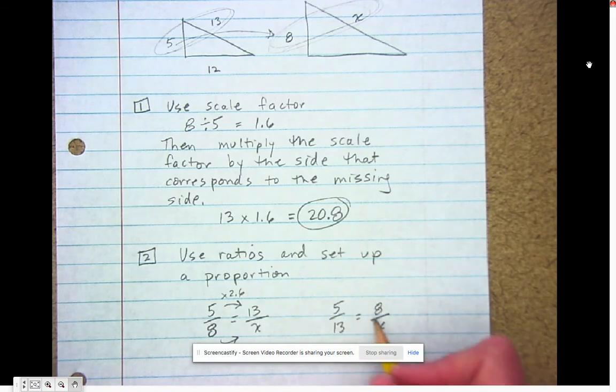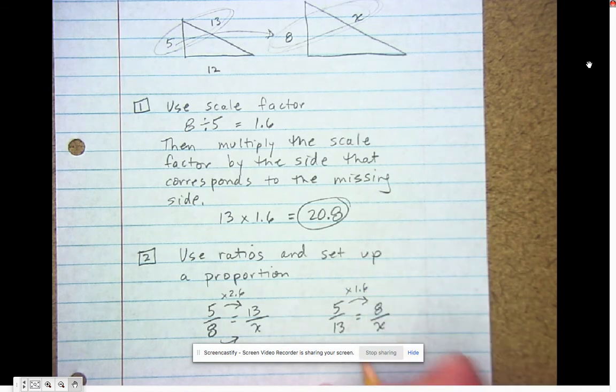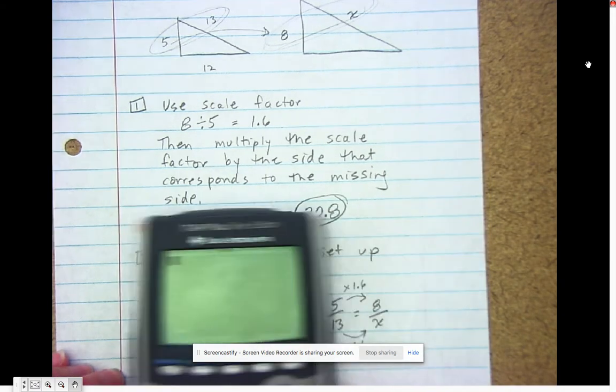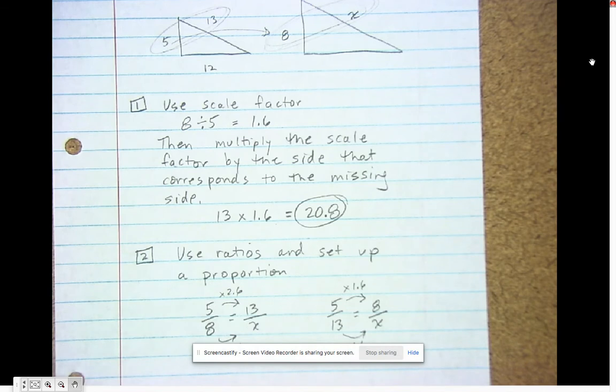I take 8 and divide it by 5 to figure out my multiplier. It's times 1.6, and then times 1.6. So I can use those internal ratios to find that missing part. I take 13 times 1.6 and see that it's 20.8, just like with the other method. So, scale factors or ratios.